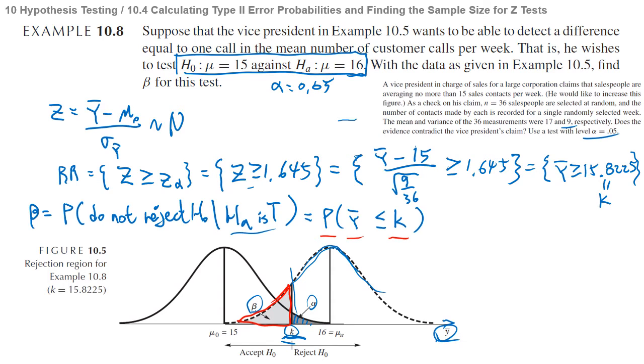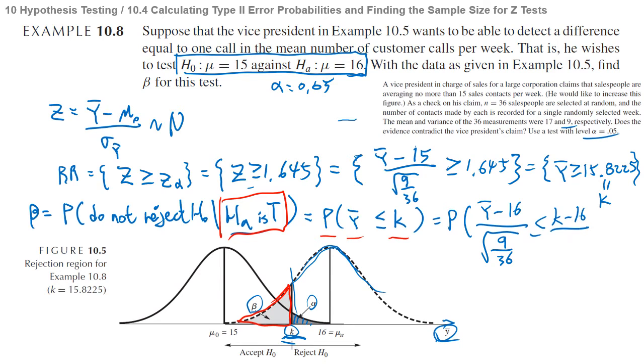And here the distribution is that HA is true. So this time we should normalize it with respect to the alternative hypothesis. So it becomes the probability of y bar minus mu alternative, which is 16, divided by the standard error, square root of 9 over 36, being less than k minus 16 divided by square root of 9 over 36.